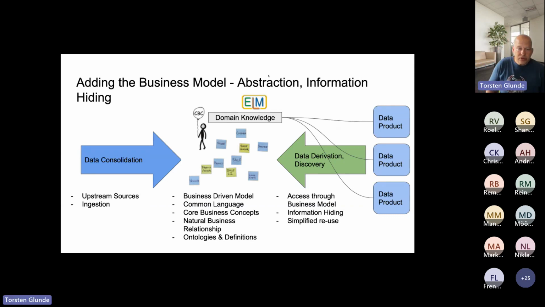So first of all, in order to have a representation of the data requirements that are connected to the business processes and to the domain knowledge of the different data products, what we are usually suggesting is the ensemble logical model, which is a logical representation of the common language with core business concepts and natural business relationships that can be easily translated into different physical schemas.